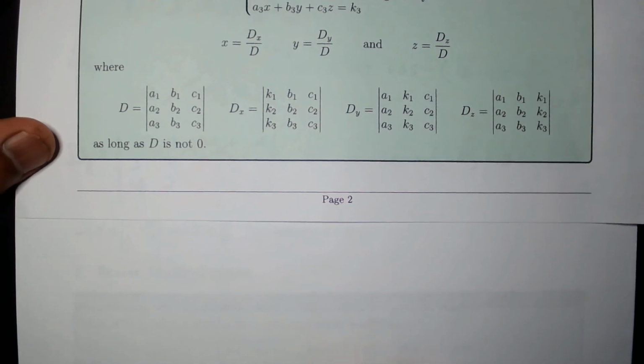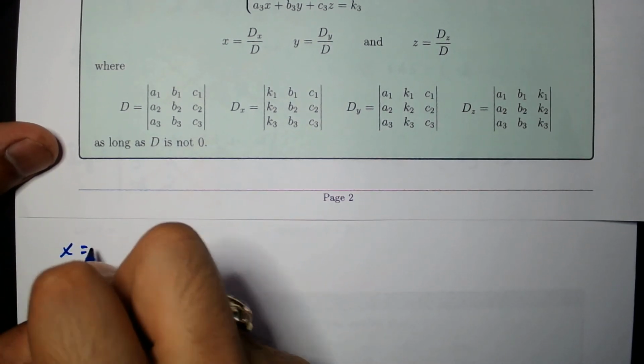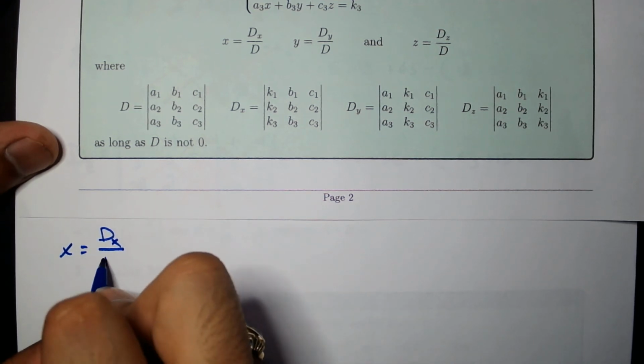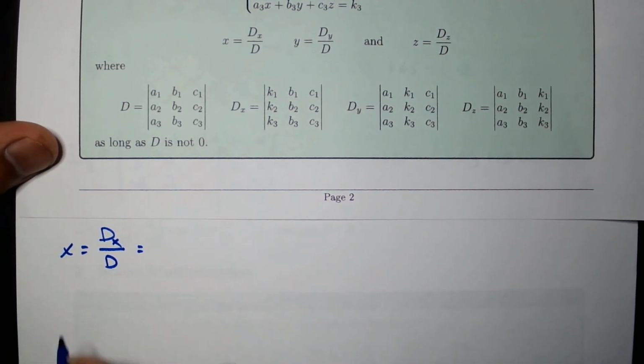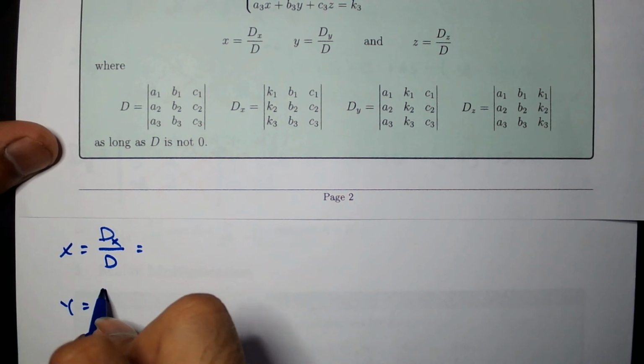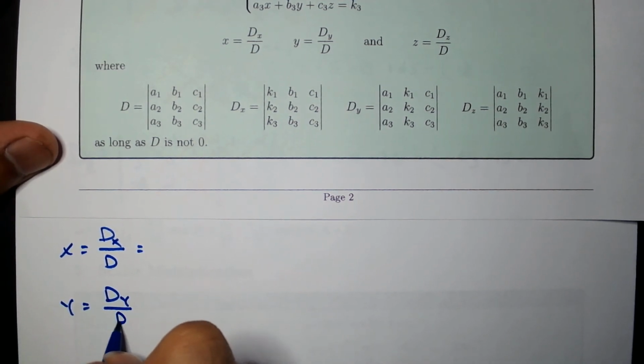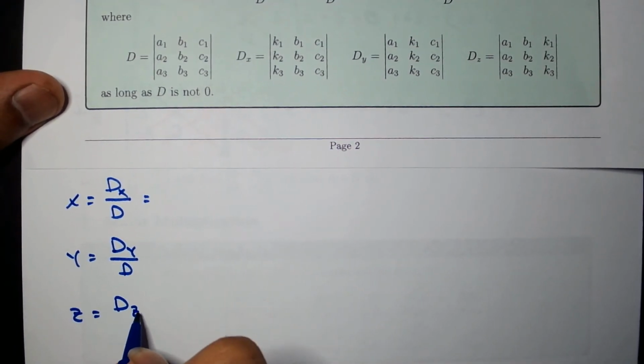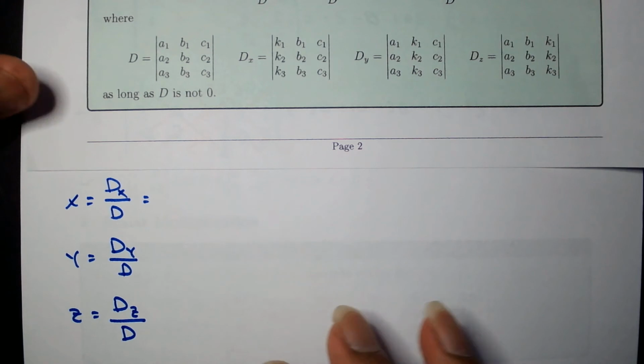Alright, so x is d sub x over d. Y is d sub y over d. And z is d sub z over d.